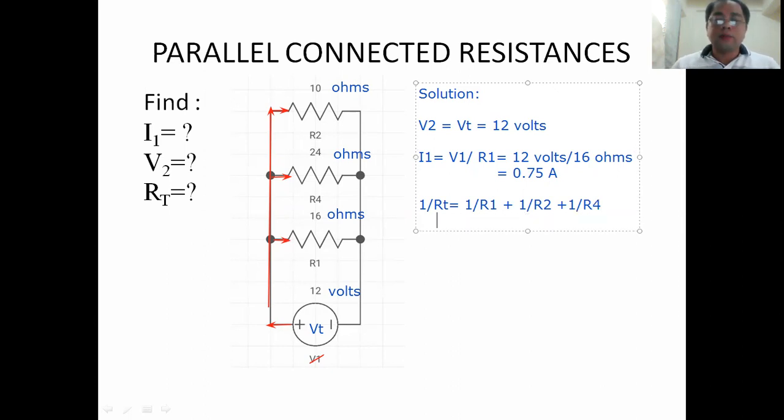In this case, we end up with 1/16, and then we have 1/10, that's R2. And R4 is 24, so 1/24. And by using fractions, the value of 1/R sub T is 49 over 240.